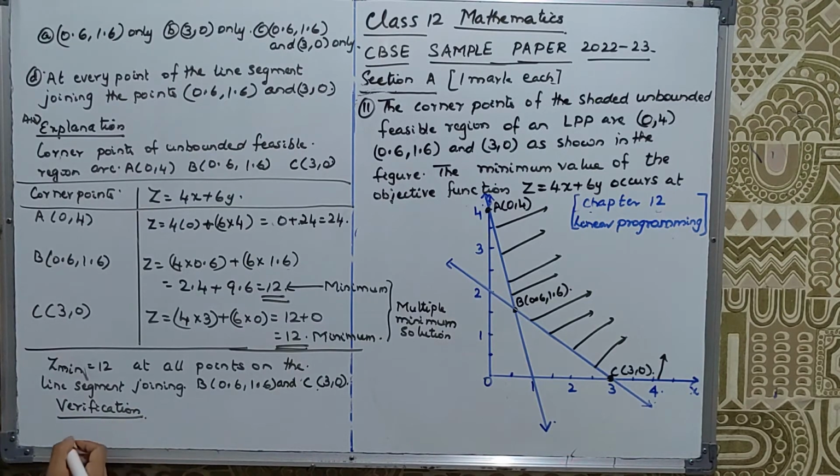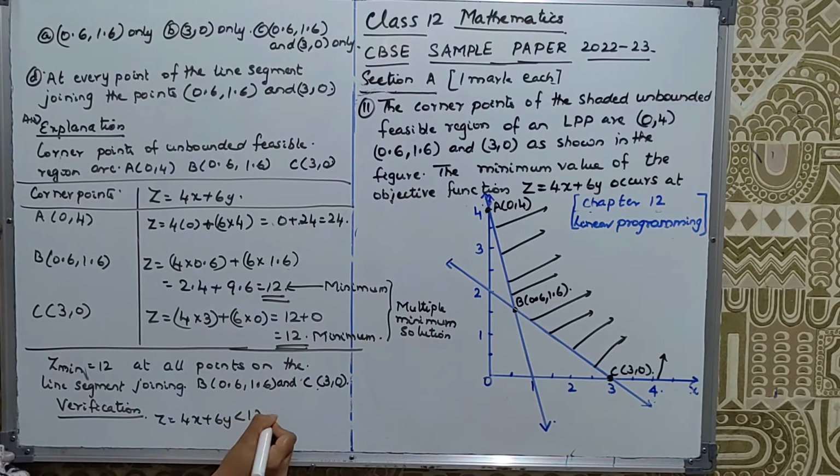For the verification, we'll write the equation. Z, the minimum objective function, is 4x plus 6y less than 12.